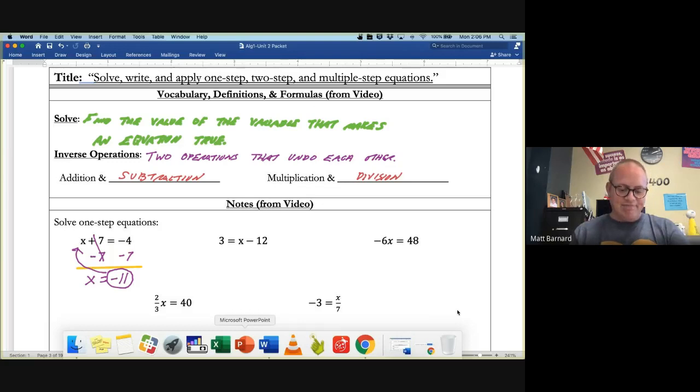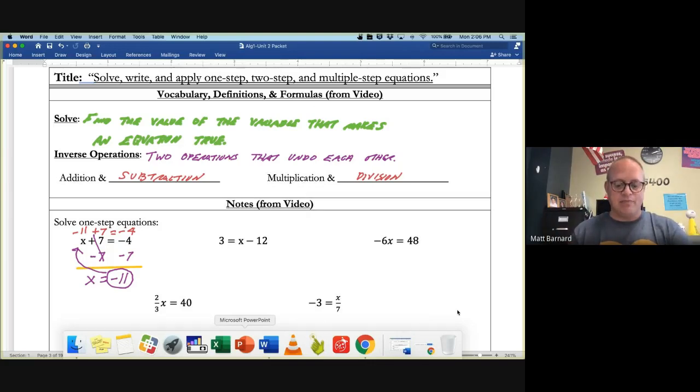Well, we can check that. I would have negative 11 plus 7 equals negative 4. And that's true, so we've solved this equation correctly. We don't ask that you check each one, but it is good to check from time to time just to make sure that you're doing things correctly in terms of the operations.